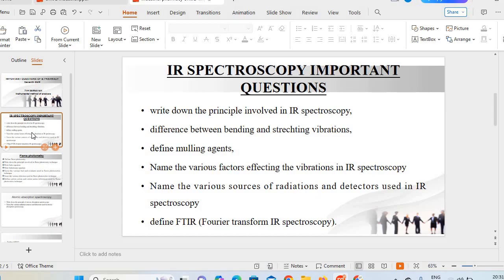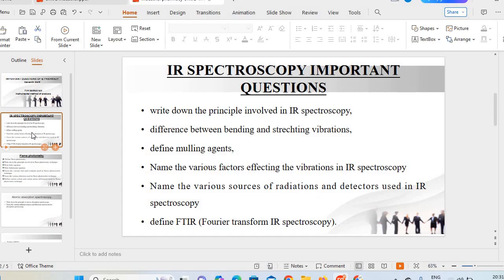The next question is also very important: name the various sources of radiation and detectors which are used in IR spectroscopy. There are a number of radiation sources and a number of detectors utilized. So the question is: what are the various radiation sources and detectors used in IR spectroscopy? Next, another important question is: define FTIR, that is, Fourier transform IR spectroscopy.